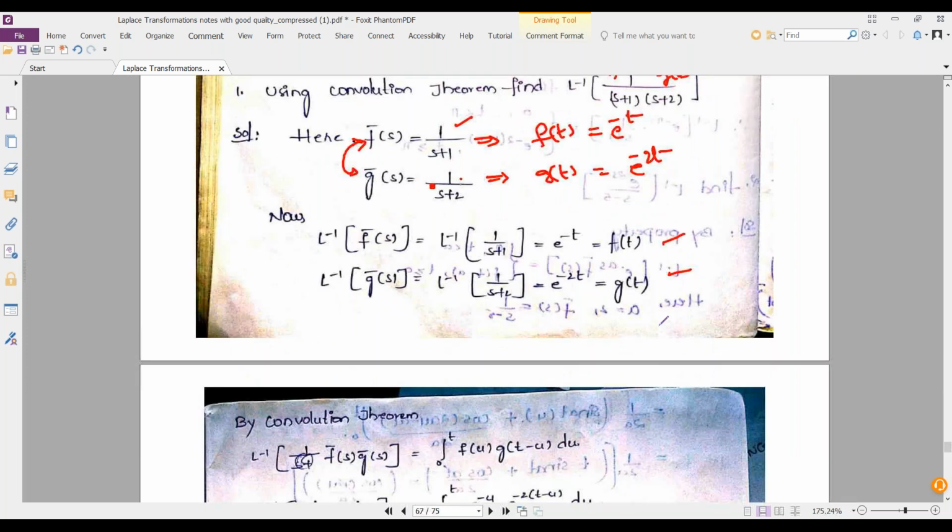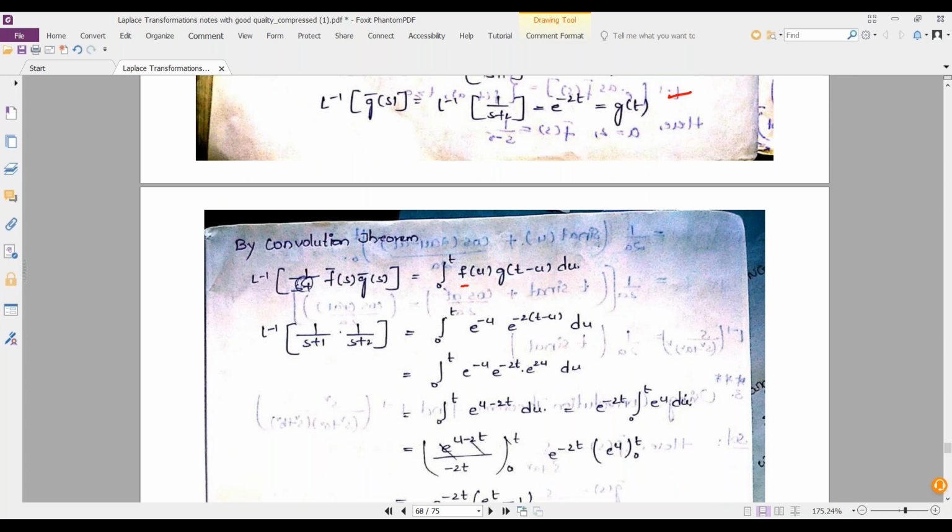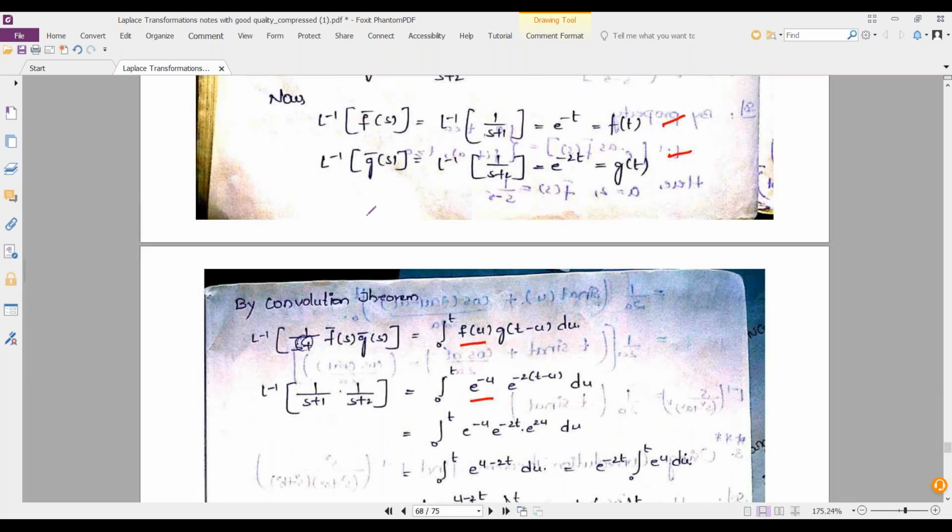Now, based on the convolution property, L inverse of f of s into g of s is integral 0 to t f of u, meaning e power minus u, because f of t is e power minus t, times g of t, which is e power minus 2t, but in place of t there is a t minus u, which I expect here. Here I'm integrating with respect to u only, friends.